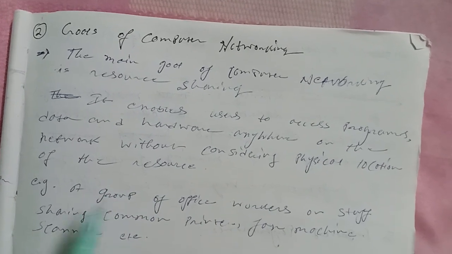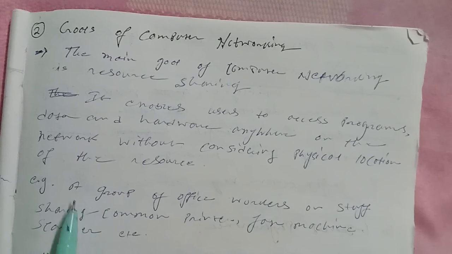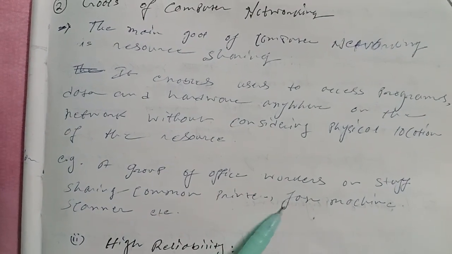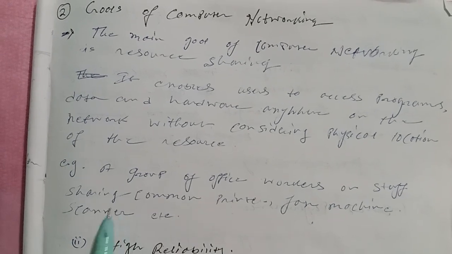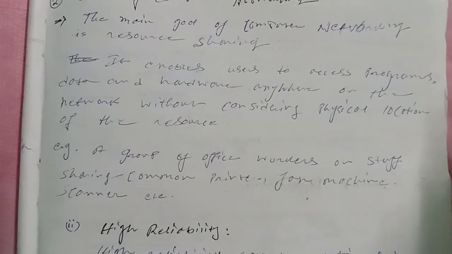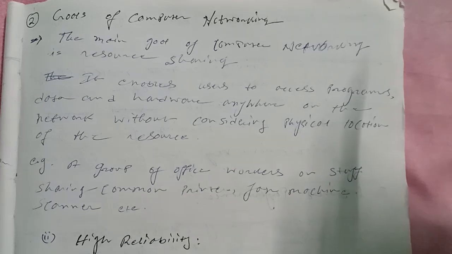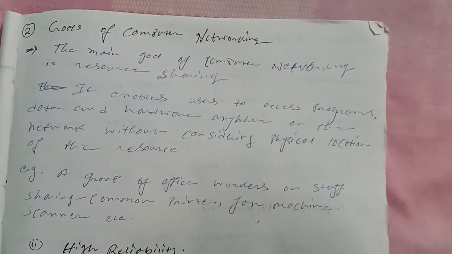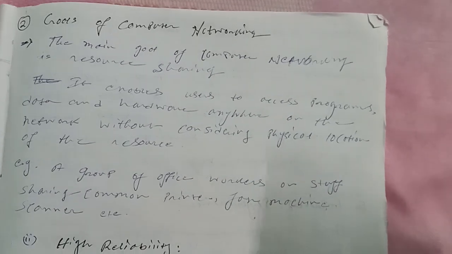Example: a group of office workers or staff sharing a common printer, fax machine, scanner, etc. So we can say basically that computer networking is a resource sharing method through the internet.